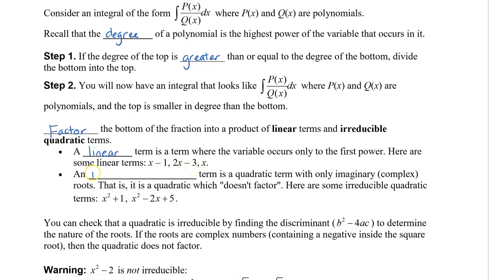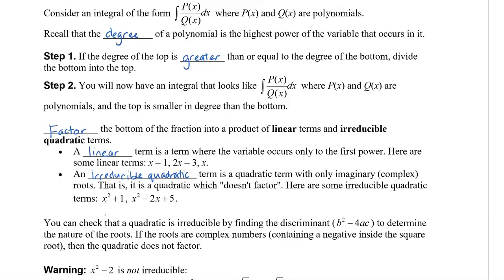An irreducible quadratic term is a quadratic term with only imaginary or complex roots. So that is, it is a quadratic which does not factor. So here are some irreducible quadratic terms: x squared plus 1, x squared minus 2x plus 5.